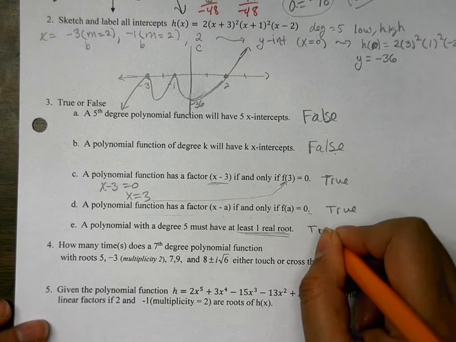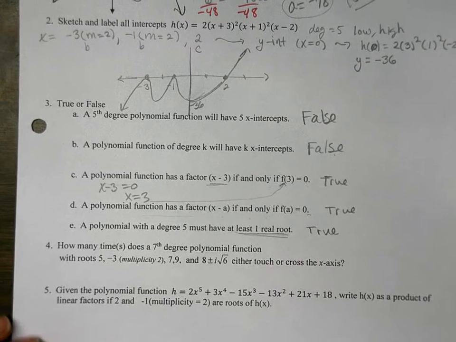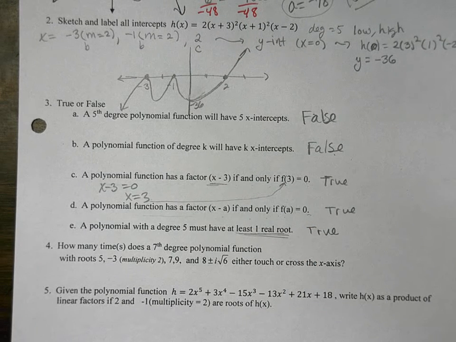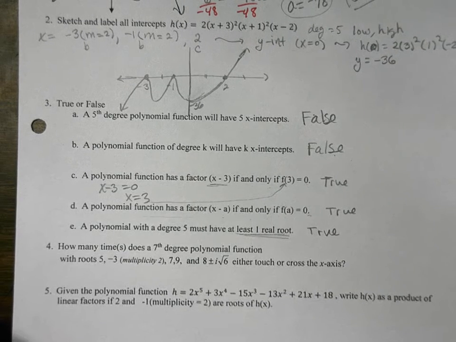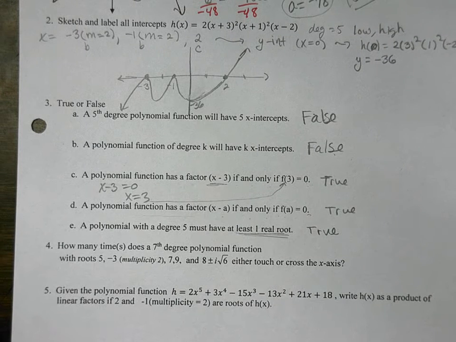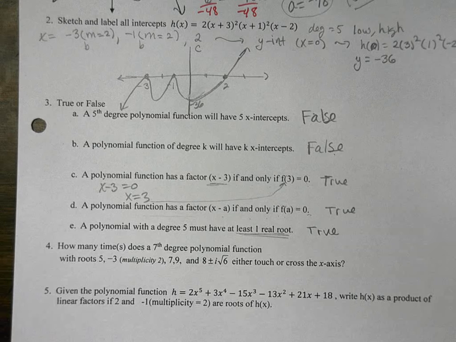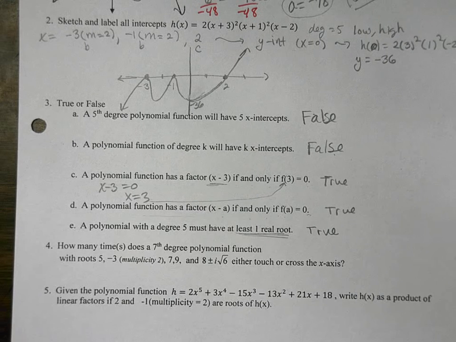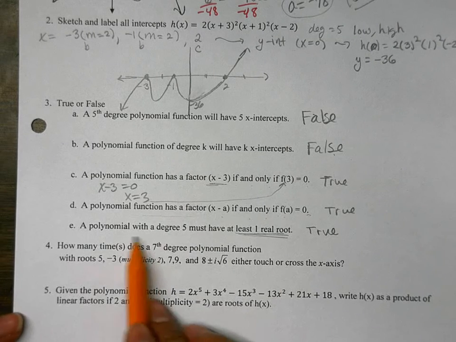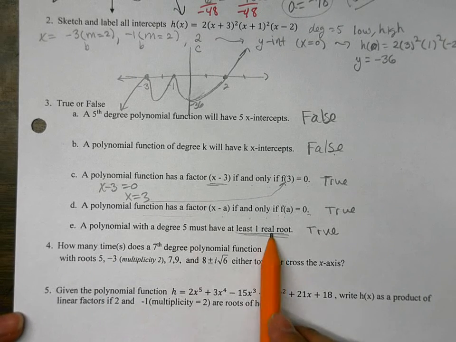Leonard, can you repeat what you said, because you said no at first, and then you changed, you're like, wait, and then explain what process you went through. Because the imaginaries have to be pairs of 2. Okay, so he said imaginaries have to come in pairs of 2, so 2, 4, 6. Keep going. And there can only be 2 pairs to make 4, so it has to be 1 real. Good. All right, a polynomial of degree 5 must have at least one real root.